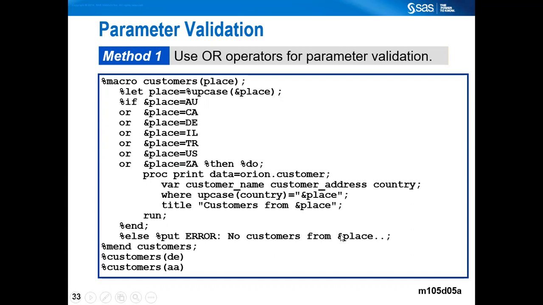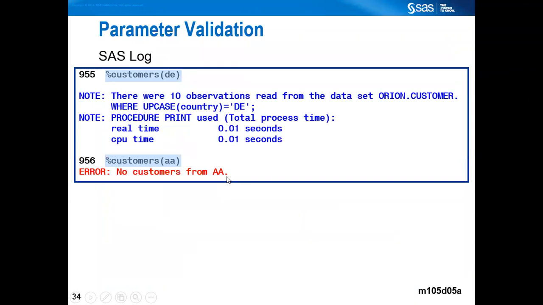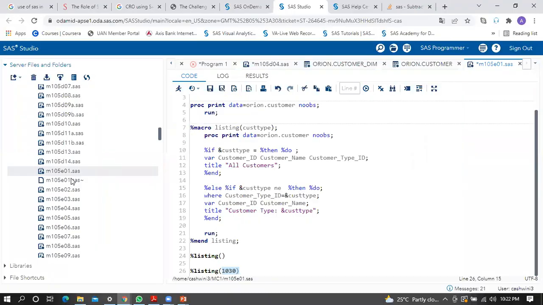This period is the delimiter for your ampersand place. This period is the end of this statement, whereas semicolon is the end of your %put statement. That is why you get this period as the end of this statement. Got it now? Understood? Yeah. So it's demo 5.